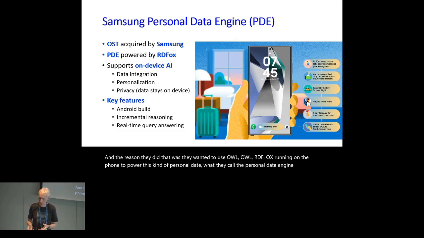Basically, it's under the hood there, helping to support stuff like the daily brief and integrating data from multiple applications. So actually, if any of you have got a 2025 Samsung phone in your pocket, you're running RDFox there on your phone. You didn't know it.